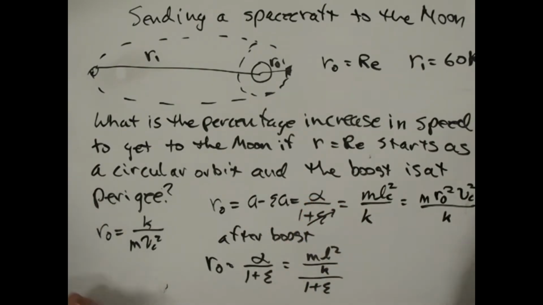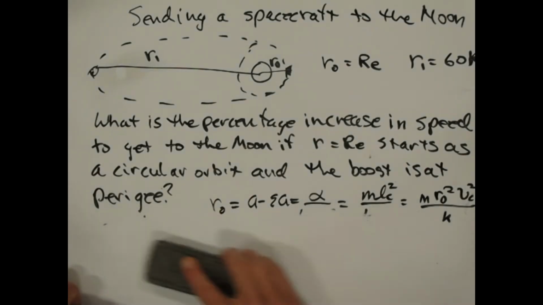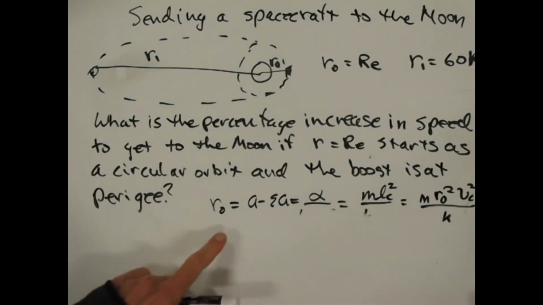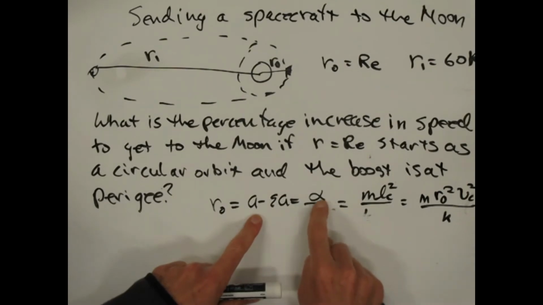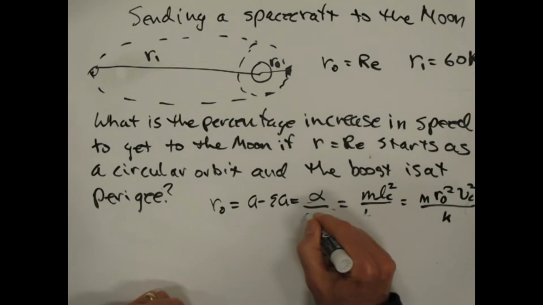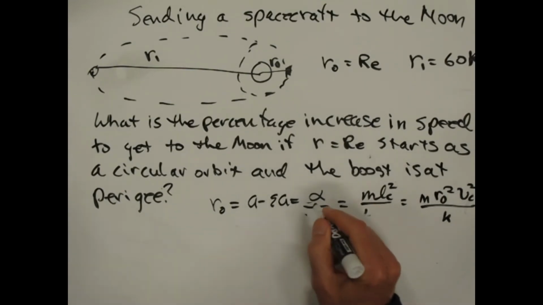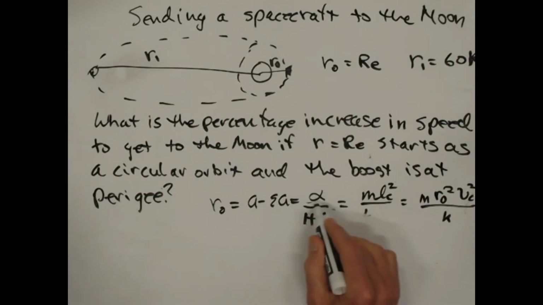Let me just back it up a little bit and say the perigee distance is just a minus epsilon a for the circular orbit, which is just alpha over 1 plus epsilon, because the semi-latus rectum is a times 1 minus epsilon squared.